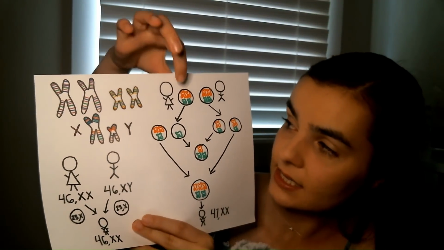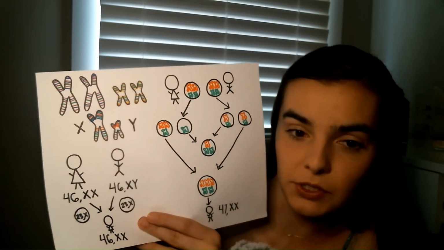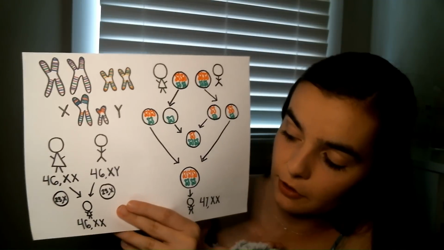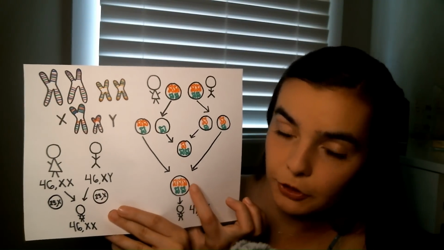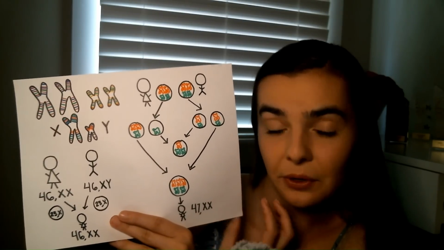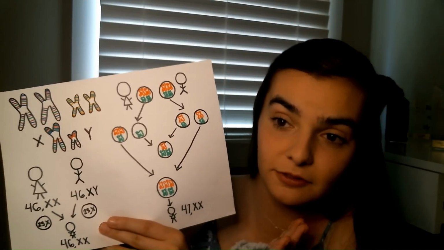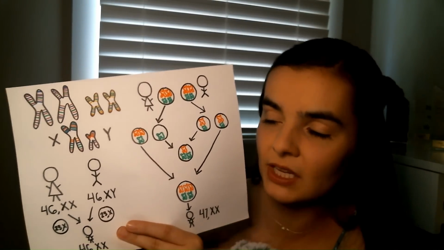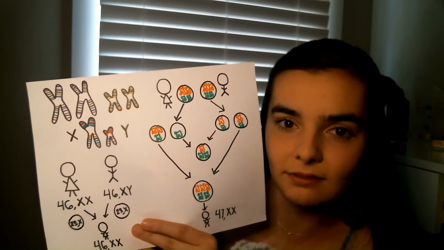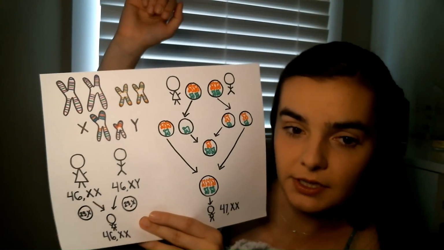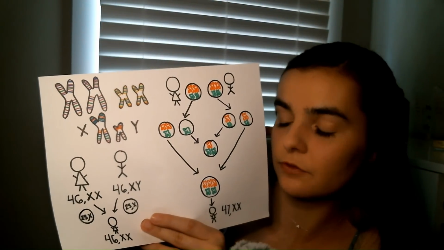So that's why I said the orange one would be chromosome 21, because if you have 3 of your chromosome 21, you're going to have Down syndrome. And we know that people with Down syndrome can live long, healthy lives, so relatively. And so, yeah, that is how Down syndrome can happen, is a non-disjunction of the 21st chromosome.